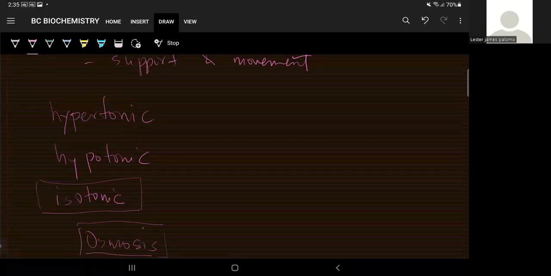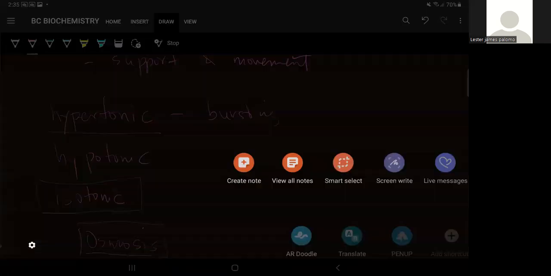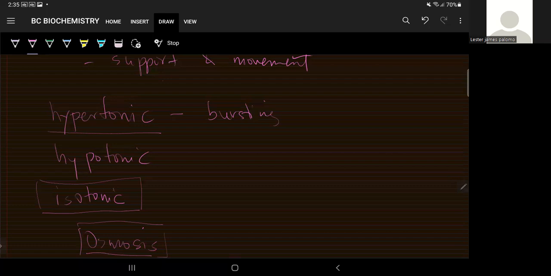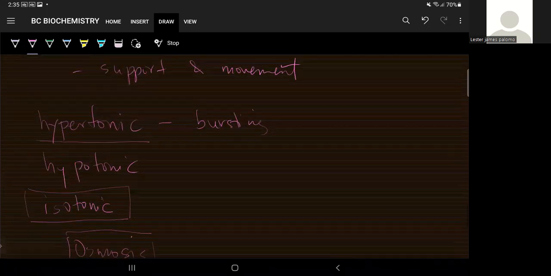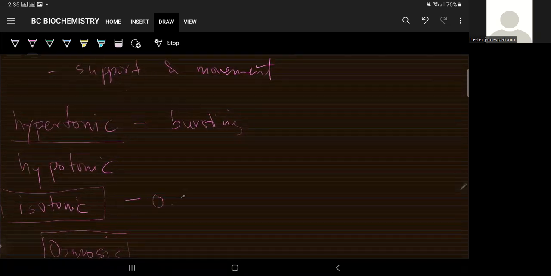Well, when we talk about hypertonic, as mentioned in the slide, it causes bursting of the cell natin, if ever, pag ma-expose tayo sa hypertonic solution. Isotonic solution or isotonic environment is 0.9%, di ba?